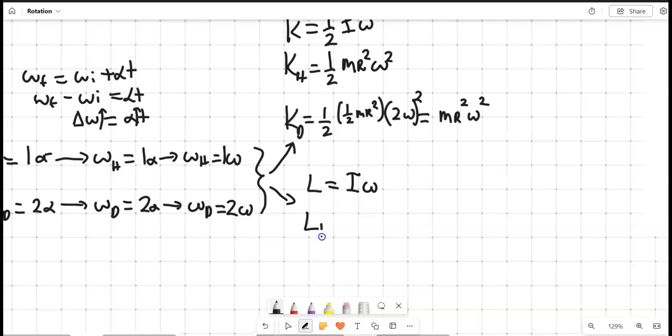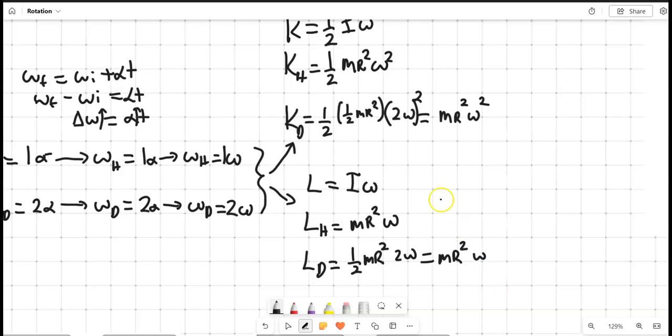So the angular momentum of the hoop is its moment of inertia, which is mr squared, times its angular velocity, which is just omega. The moment of inertia of the disk is 1/2 mr squared, but it has a 2 omega. So that's going to work out to be mr squared times omega.